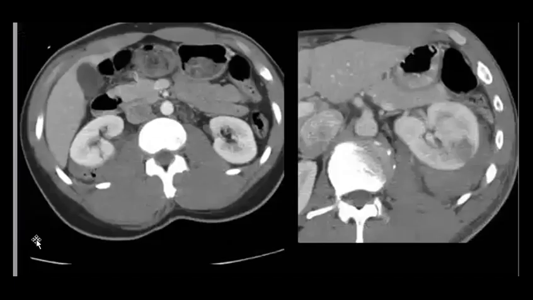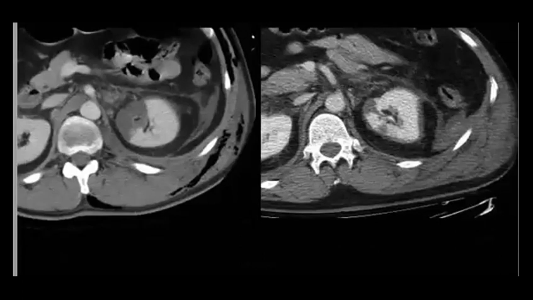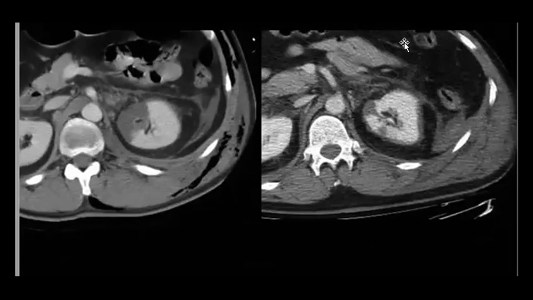Okay. So what about this one? There is here renal laceration. Again perinephric, but there is renal laceration. Perfect. So this one will be grade 3. And there is this one, which is grade 4.